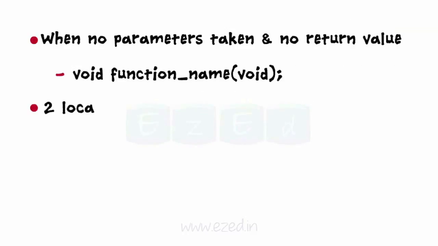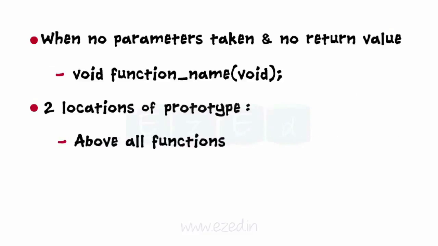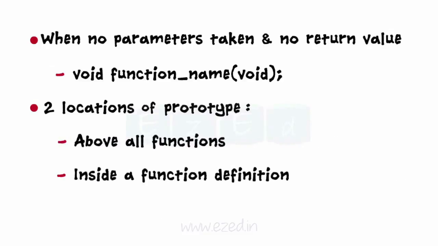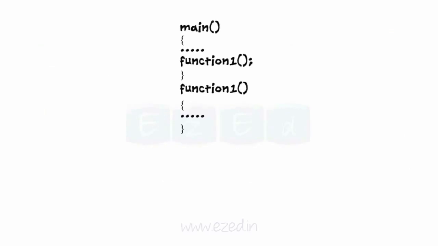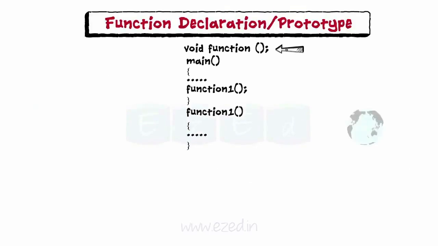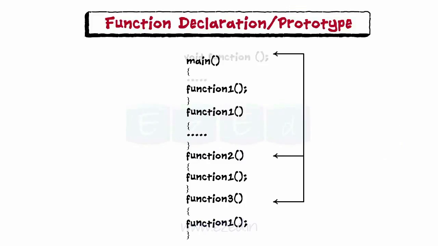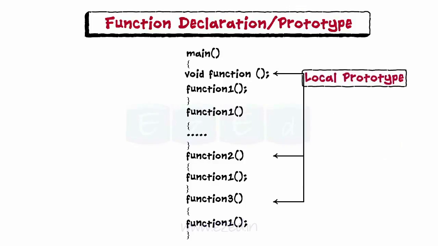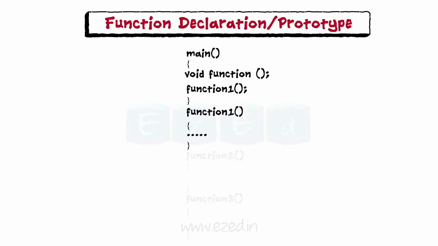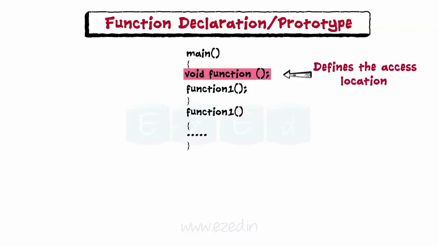The prototype can be placed at two locations in the program: above all functions, or inside a function definition. When the prototype is declared above all functions, it is called a global prototype, and all these declarations are available to all the functions. When it is placed in a function definition, it is called a local prototype and is available for access only for that function. The place of declaration defines a region where the function can be accessed by other functions. This region is known as scope.